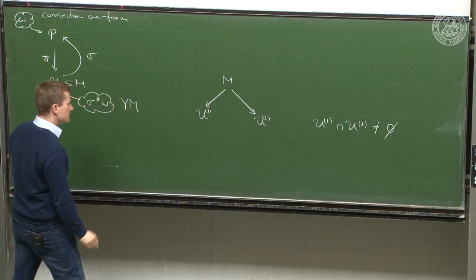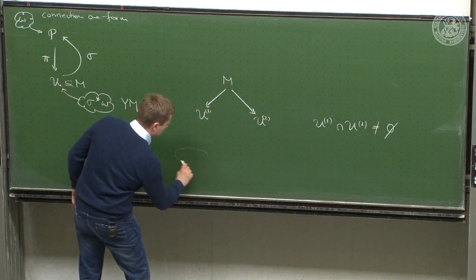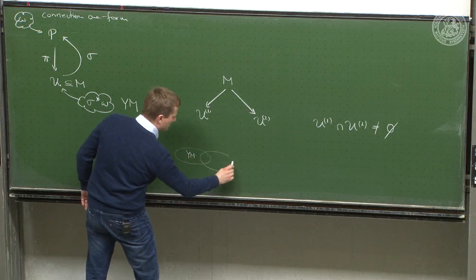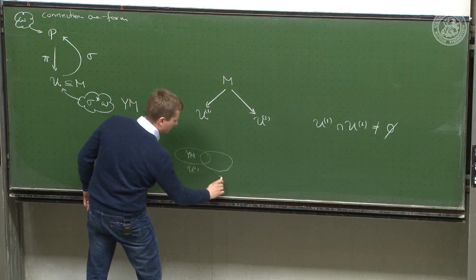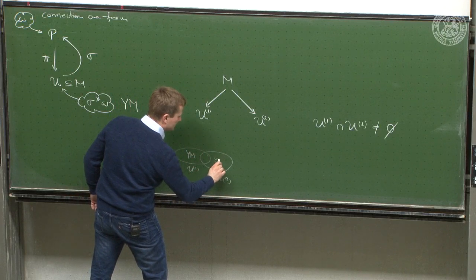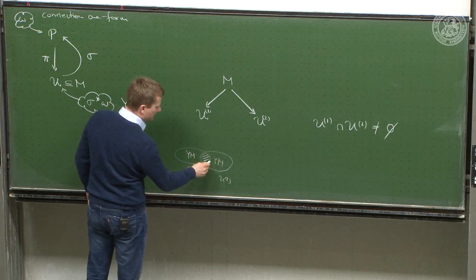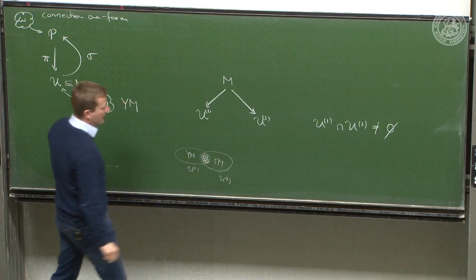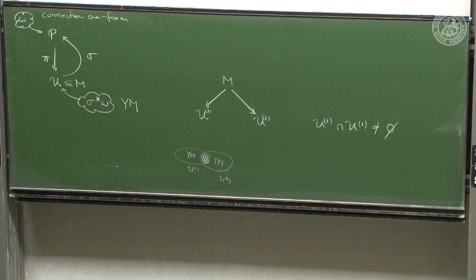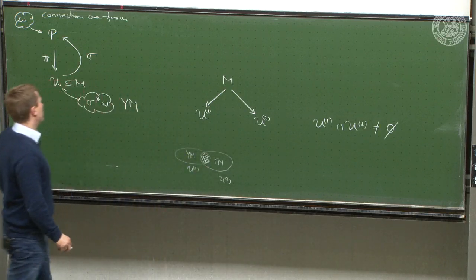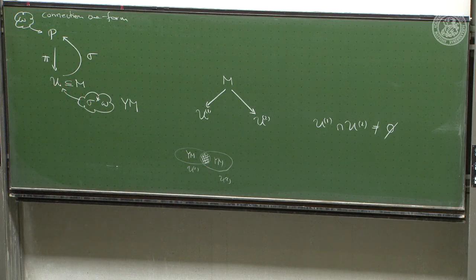And then you're in business because you understand the situation here, you understand a Yang-Mills field here, and on another patch U2, you understand the Yang-Mills field. Now, certainly there will be some compatibility condition required concerning what happens in this overlap, okay? And exactly this compatibility condition we're now going to study.